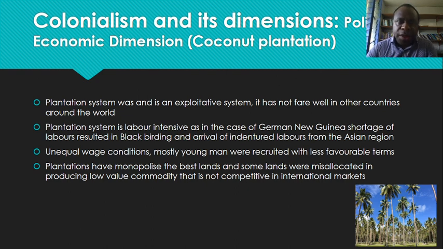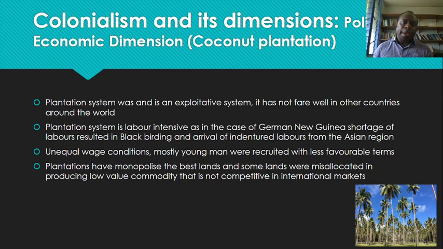in the international markets. So what I'm trying to say is that although there was interest in economic activity in the German occupied territory, and later the British took over after World War One, and there was also some economic activity in the Papuan region, the issues faced during that time were a shortage of labor and unequal wage conditions, which also affected the plantations, and resulted in low value commodities being exported, and that affects the profitability of the plantation system itself.